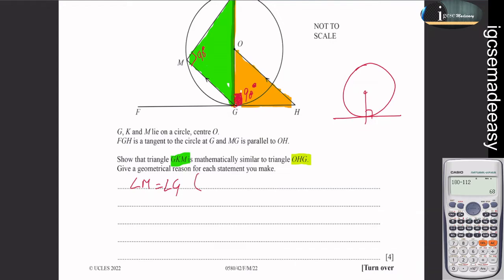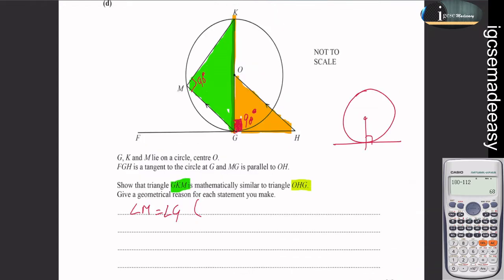The reason is, I told you, angle made in a semicircle for the first case, and the other case is angle made by tangent.